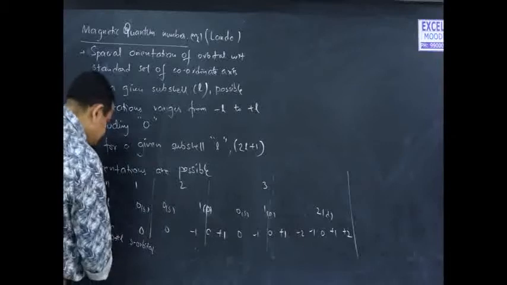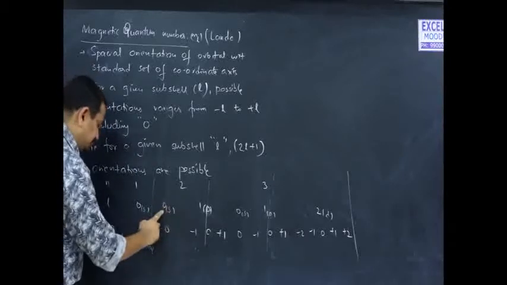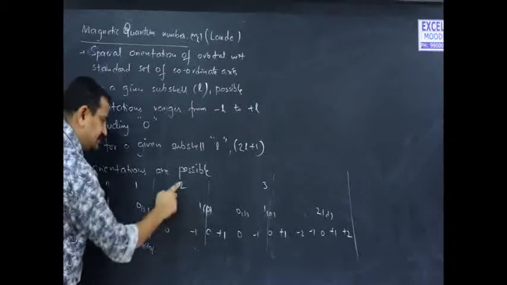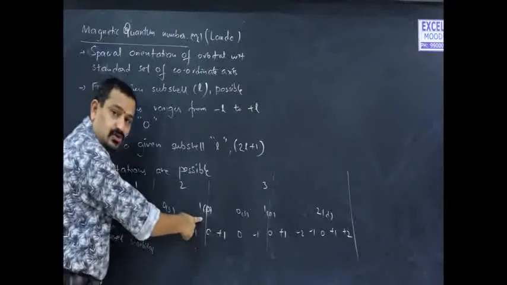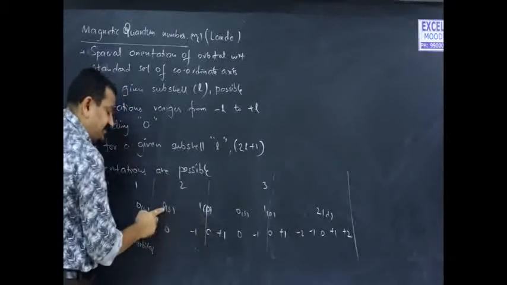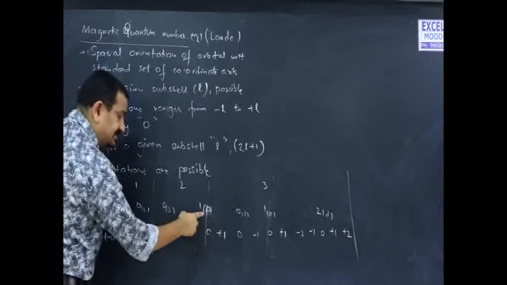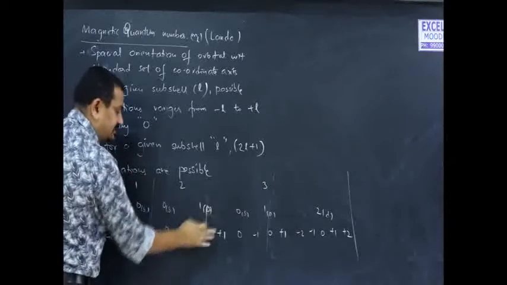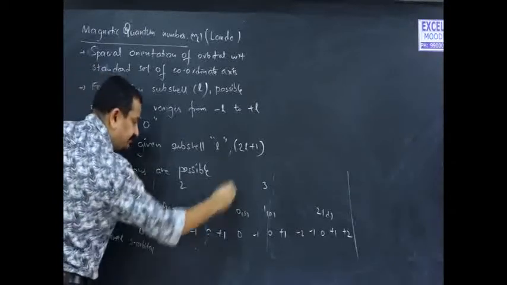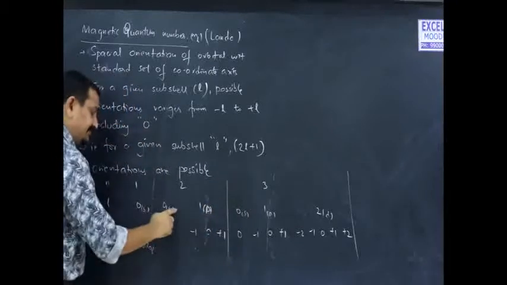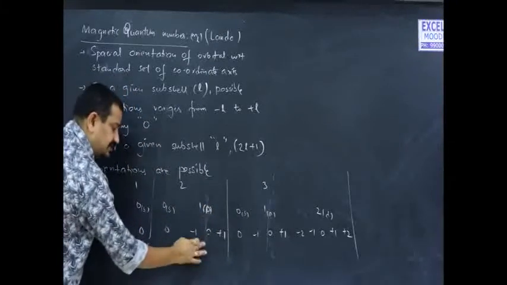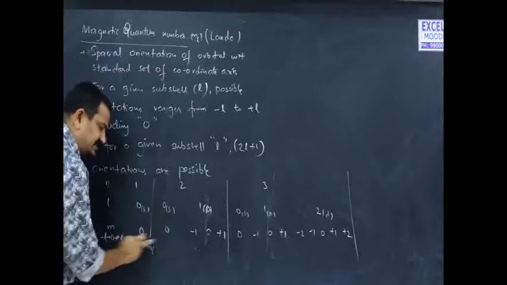Similarly, under the second main energy level we have two sub-energy levels. This one is the s sub-energy level, this one is the p sub-energy level. Now, for this p sub-energy level, how many orientations are possible? This is the same as the previous one.